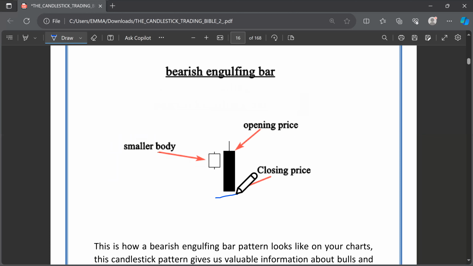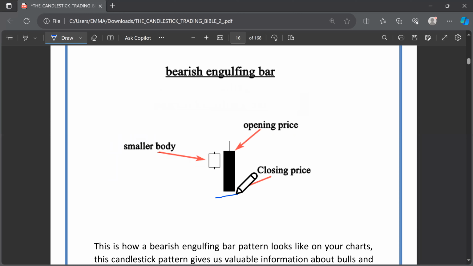Now, I know it can be confusing, but bear in mind that the colors do not matter. Like I said earlier, the color of the candlestick does not matter. We look at the opening and then the closing of the candlesticks that we are talking about.